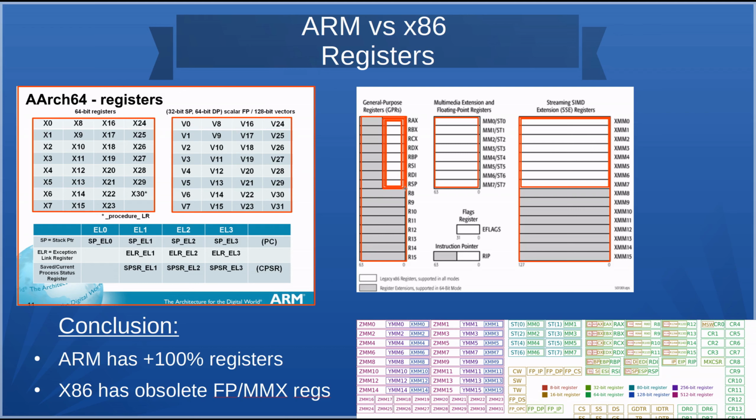And why is it better? Just imagine that you have an algorithm, optimized to use maybe 30 registers in every loop, and then you jump to the beginning and start another loop of the calculation.